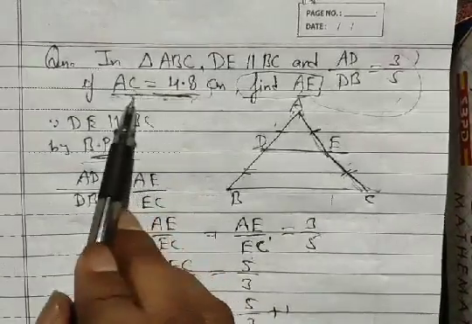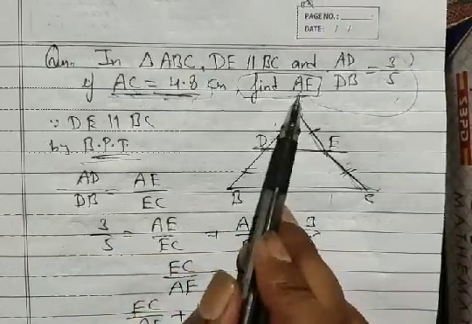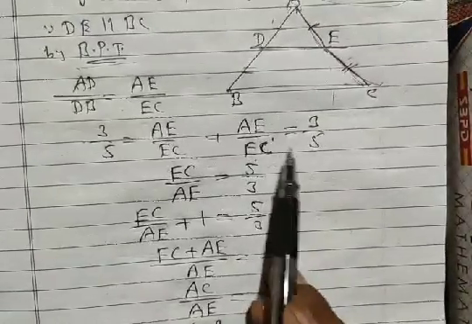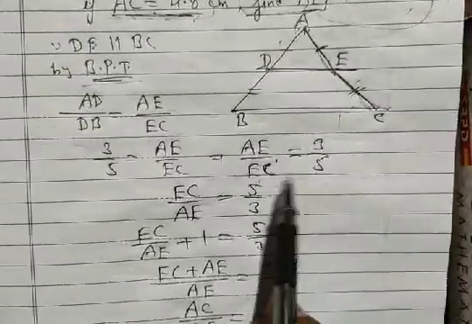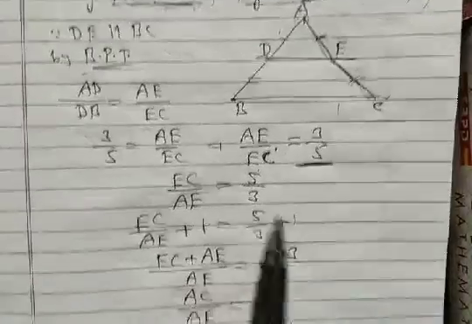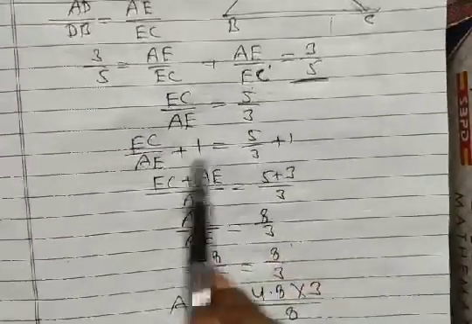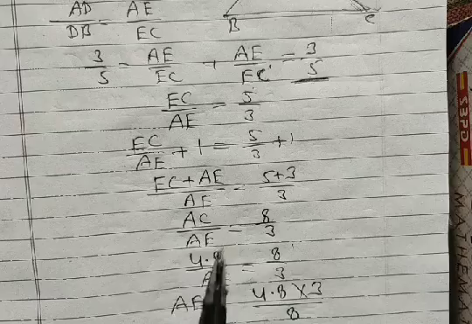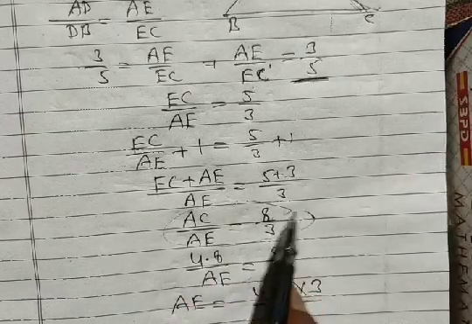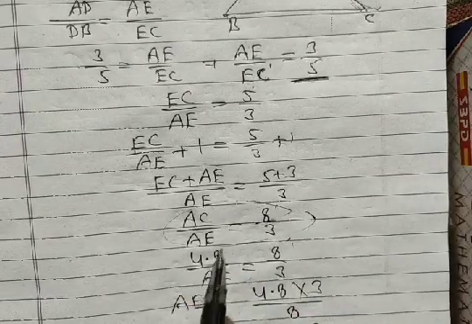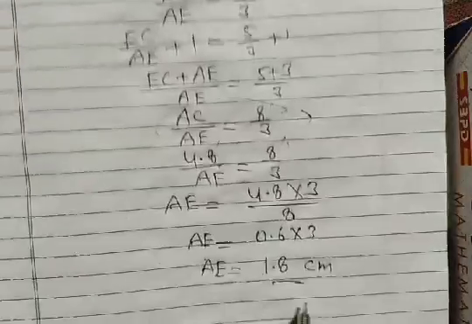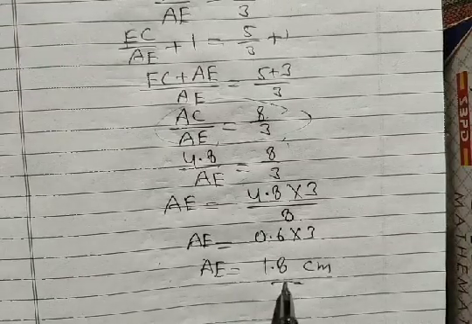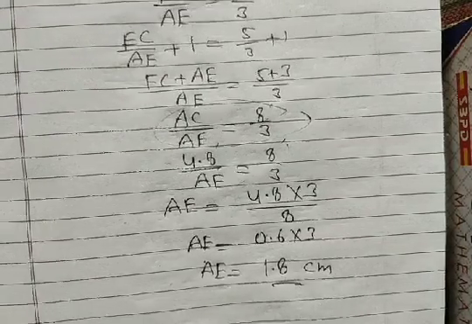Since we are given AC and have to find AE, and there is no AC there, to get AC we reverse this given ratio. After reversing, we add 1 on both sides. After solving, we get the ratio of AC to AE as 8:3. Putting in the value of AC and solving, we get the value of AE as 1.8 centimeters. Now we are going to move to our next problem.